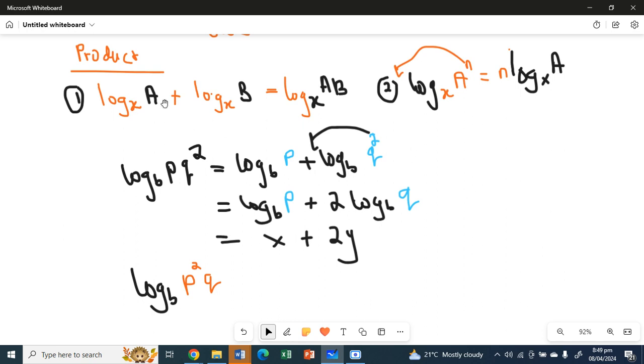The first one is the product rule. This one here, let me underline it. Whenever you see two different variables attached to each other, that should signal to you that you have to use the product rule. Are we okay with that, sir?